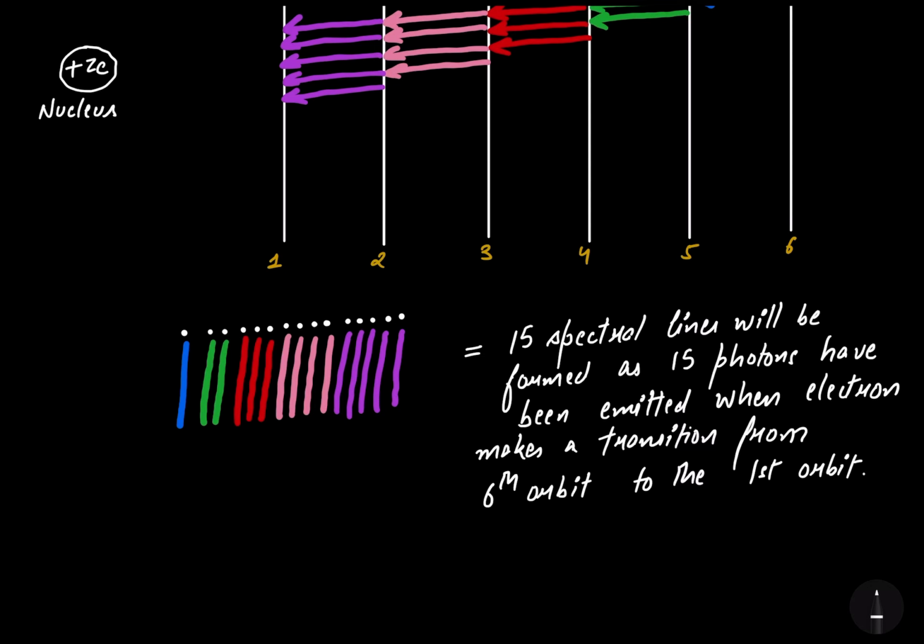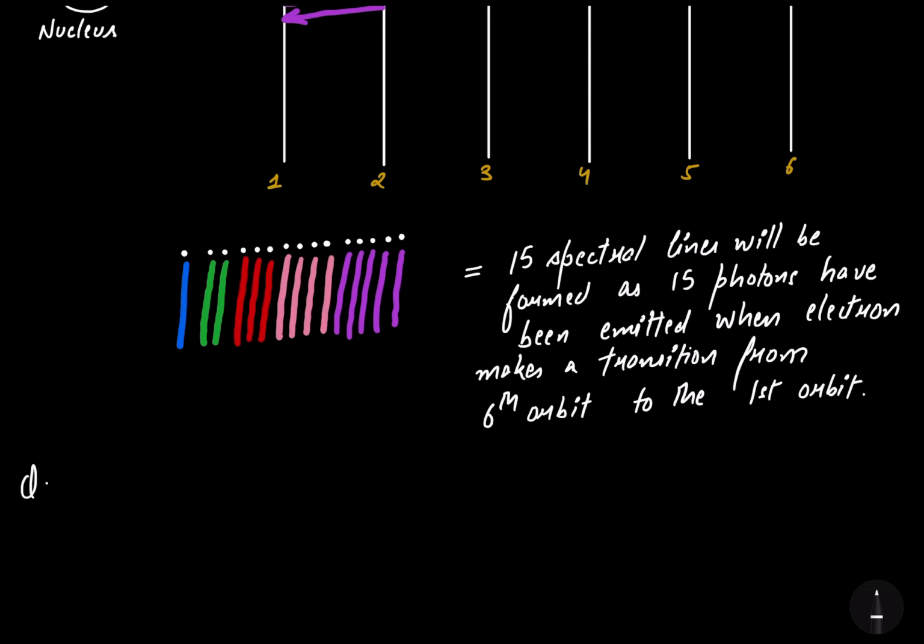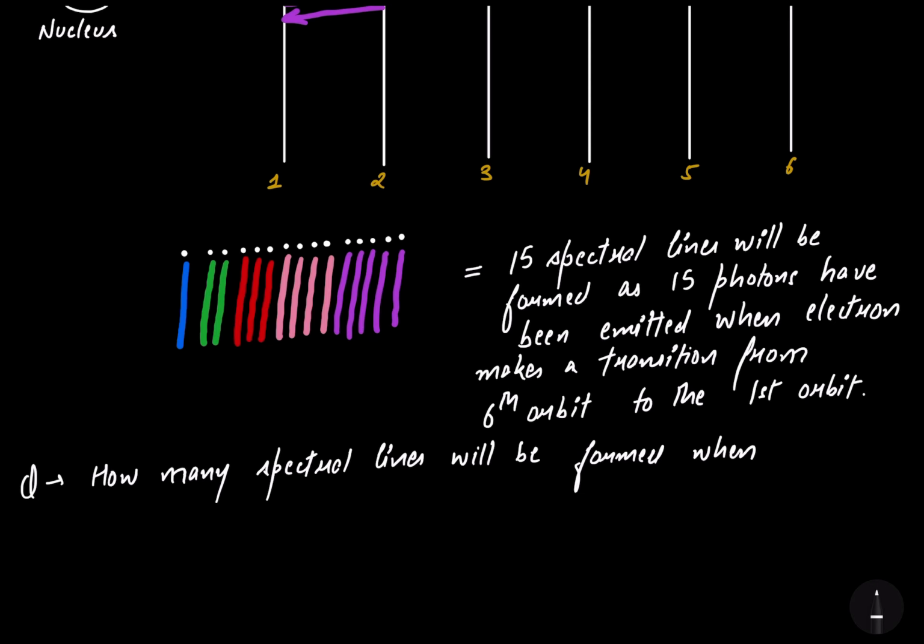Let me alter the question. I'm giving you a question: how many spectral lines will be formed when electron transits from sixth orbit to the second orbit?